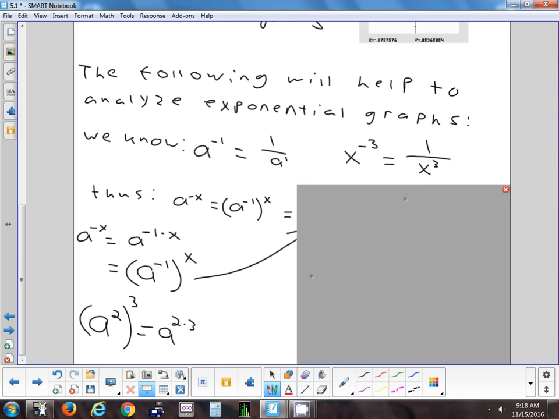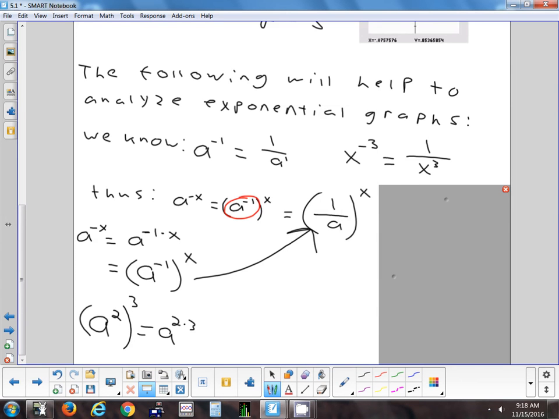So now I'm just going to continue with this step. What did we just say a to the negative 1 is? It's 1 over a. We just did that up above. So that's my point.